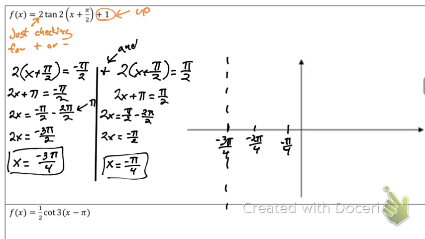Then we'll put a dashed line at negative pi over 4. A normal tangent graph goes up on the right side, down on the left side, but we do need to go up 1 unit. So we're going to go up 1 unit, and that will be my final graph.